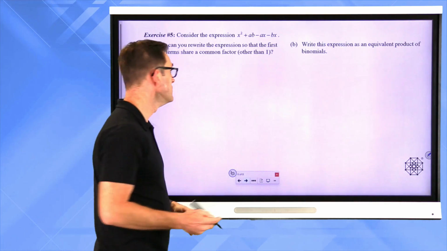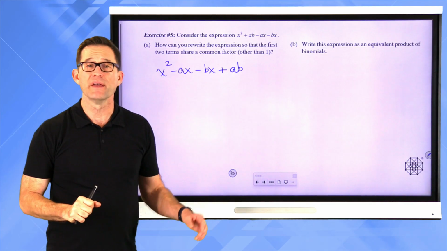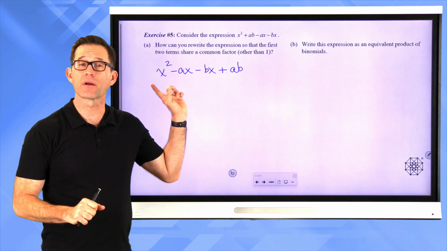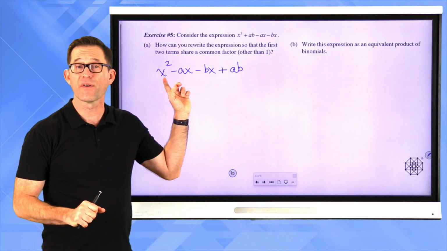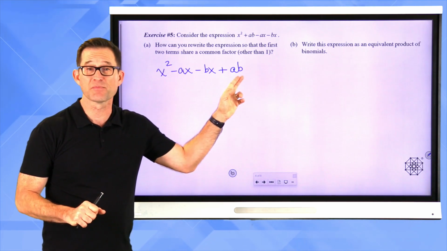Well, one way to do it, simple enough, is to rewrite it like this: x squared minus ax minus bx plus ab, right? In which case, the first two terms share a common factor of x. Or I could have had x squared minus bx minus ax plus ab.